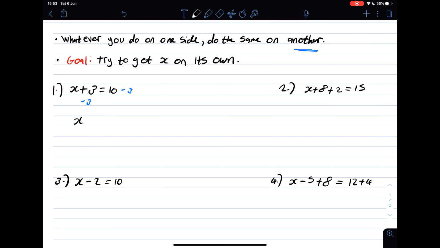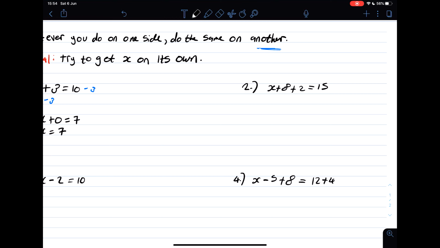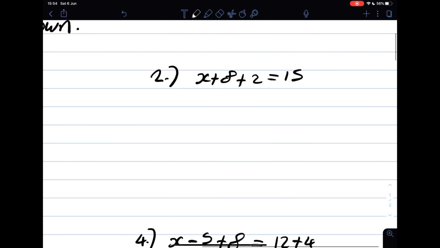So on the left-hand side, you're going to have x plus 0, but we can just leave out the plus 0. Actually, I'll write it down now so you can understand it. And you have 10 minus 3, which is 7. x plus 0 is basically the same as saying x. So then you get x equals 7. Does that make sense?